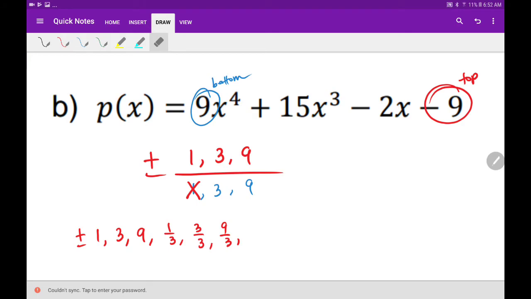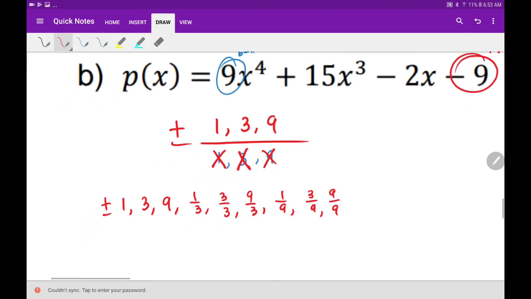And now we're done with that denominator, so let's cross them out so as not to be distracted. And now the combinations of 1 over 9, 3 over 9, and 9 over 9. As we did last time, in this stage now, okay, so we used up all our denominators, so we're done.